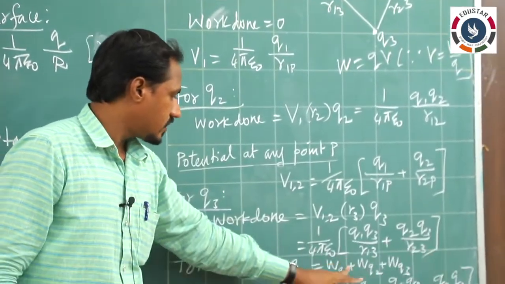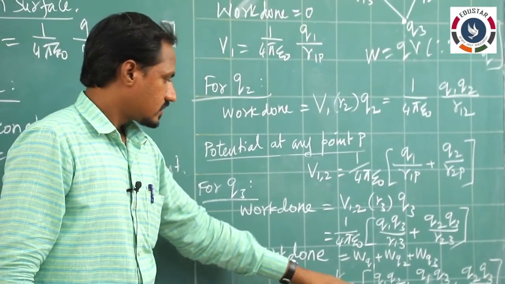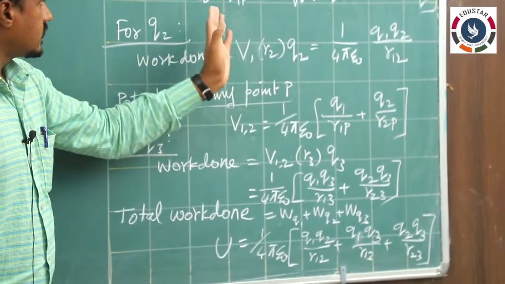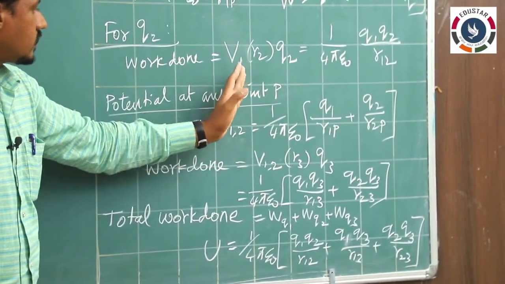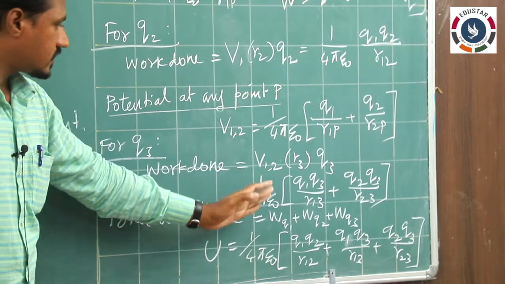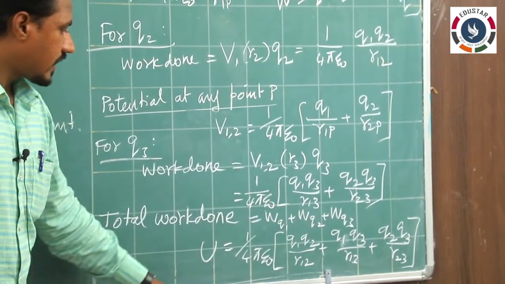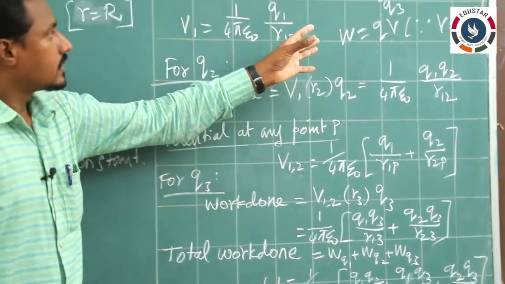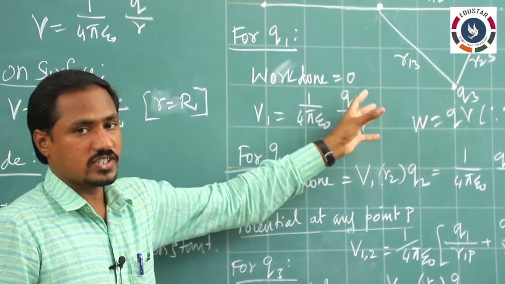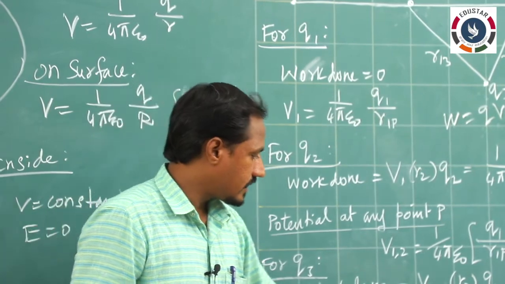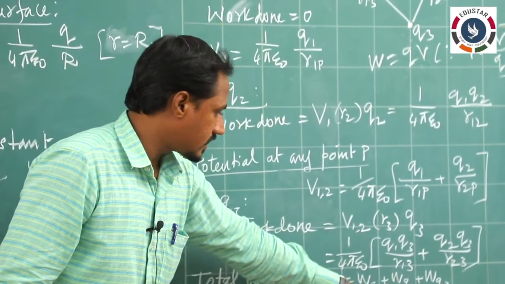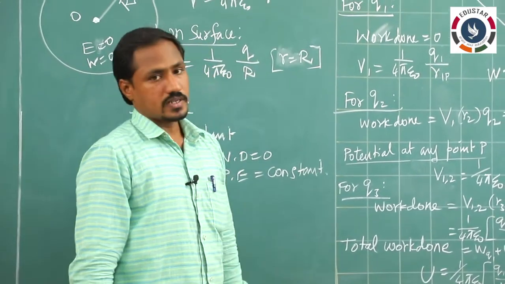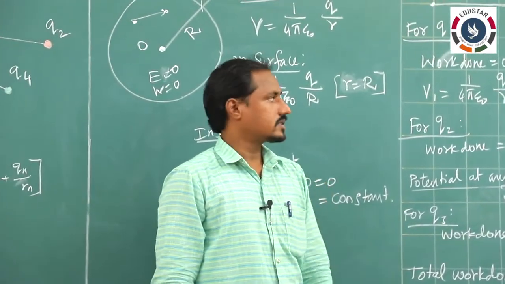Substituting all values, finally we obtain the work done for assembling three charges, which is the potential energy of the system. So, finally we arrive at this formula, the potential energy of the system of three charges.